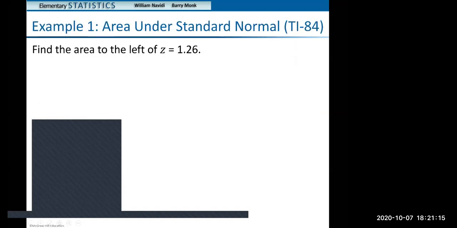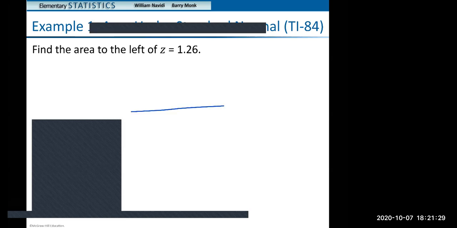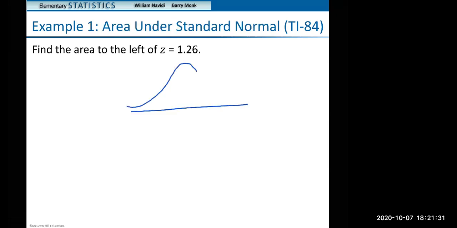And let's try an example here. Find the area to the left of z equals 1.26. It's easier to solve this if you sketch a normal curve first. And you know that the center is at 0. So find the area to the left of 1.26.